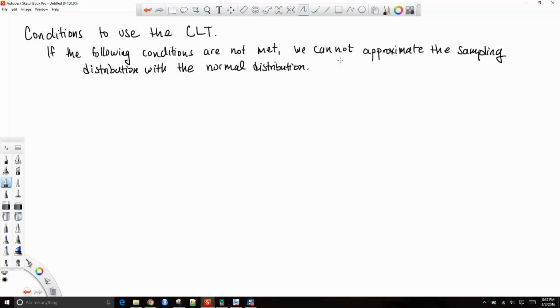Okay, so these are the three conditions. We've got what we call the random and independent condition.